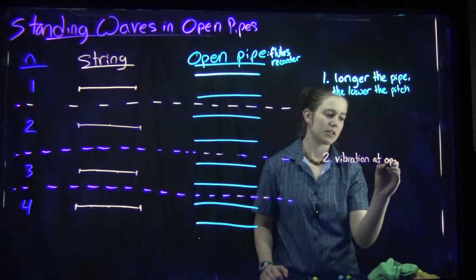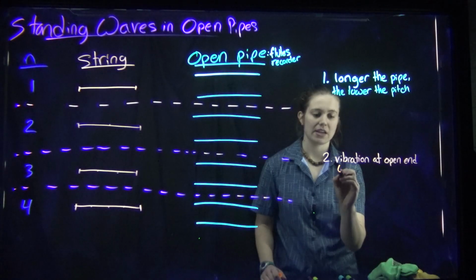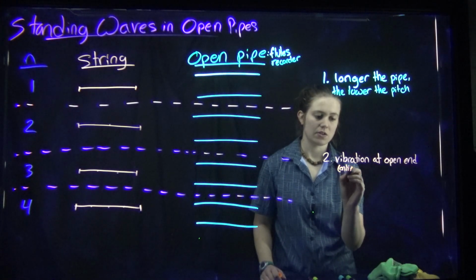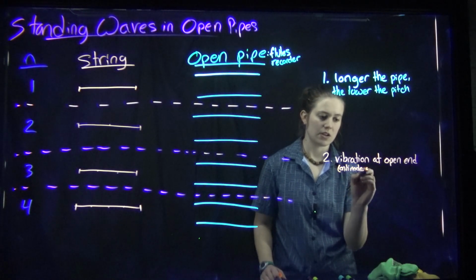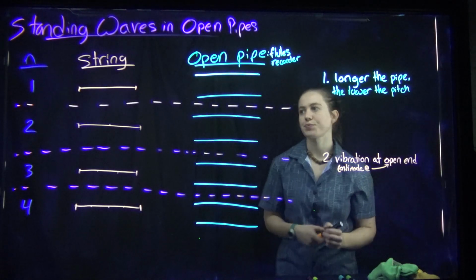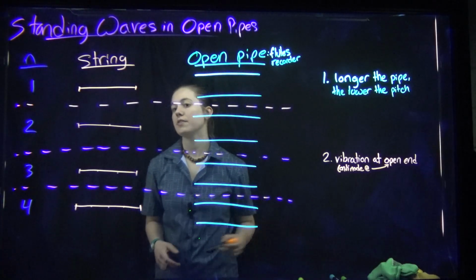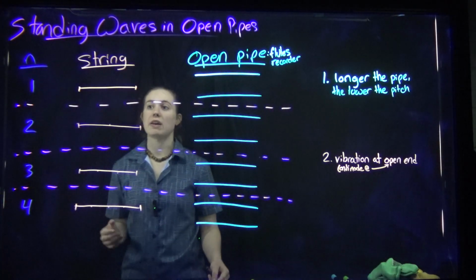At the open end, we'll always have an antinode at the open end.